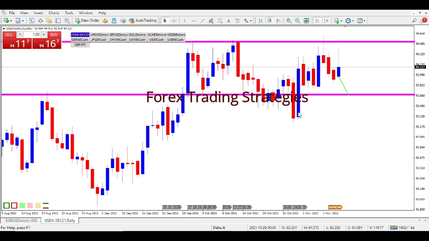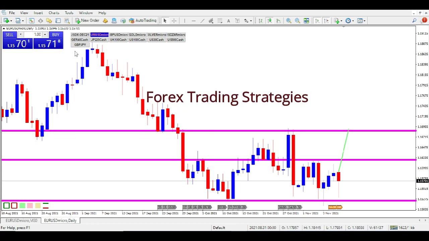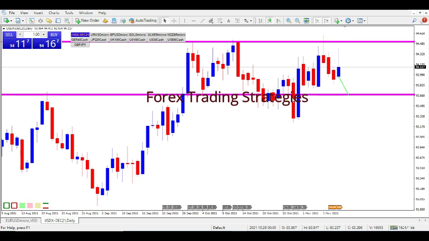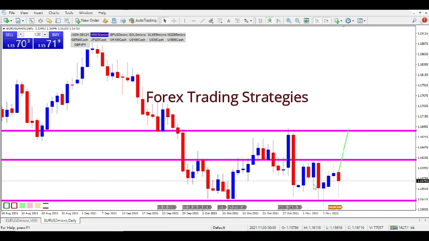That's all you need, and you trade Euro USD. Whatever is happening on dollar index, Euro USD will be doing the exact opposite.